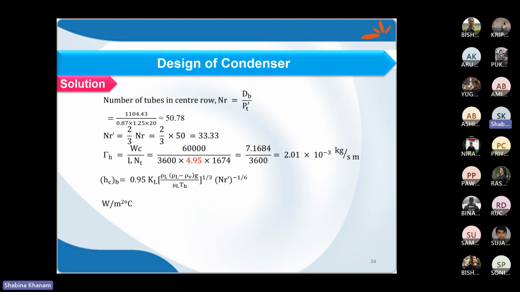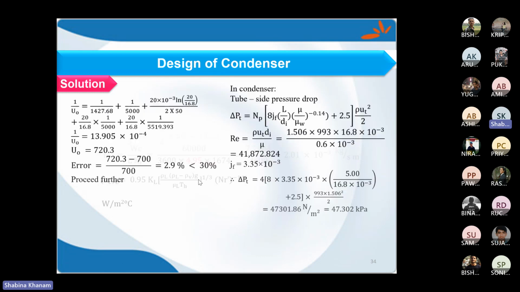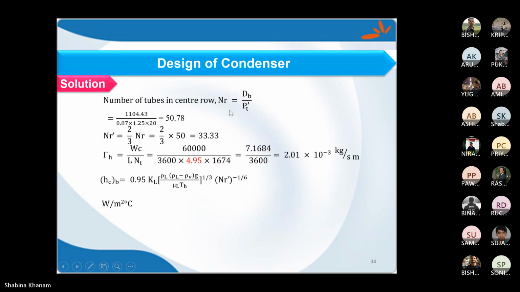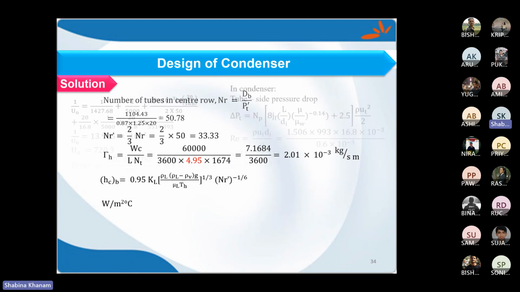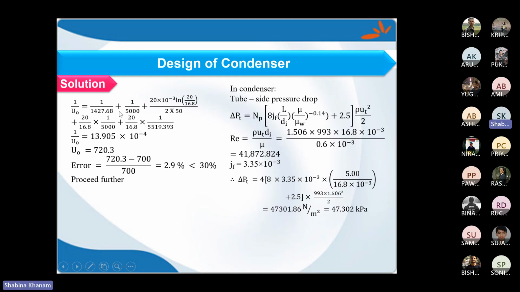Otherwise, the middle portion has a thicker layer at the bottom in comparison to when we move toward left or right from the center of the bundle. So NR prime is only a calculation purpose parameter. That's why NR prime should be considered as it is, not rounded up or rounded off. In this way, considering all these parameters, we can find out the value of this HCB, which is coming as 1427.68.